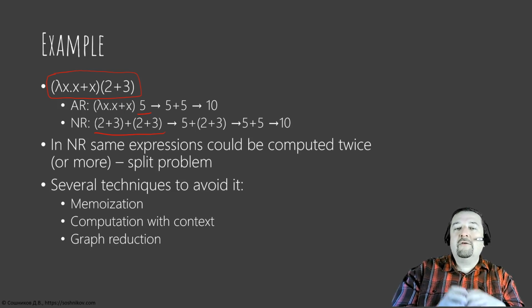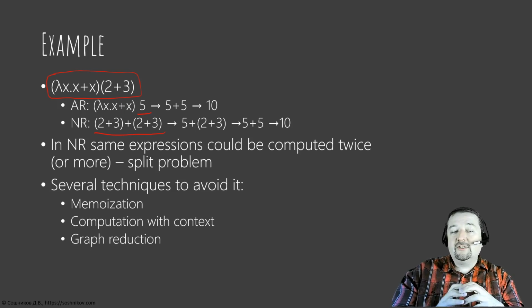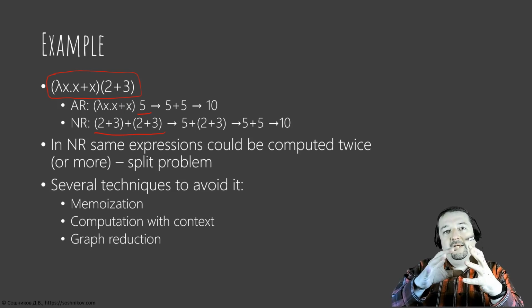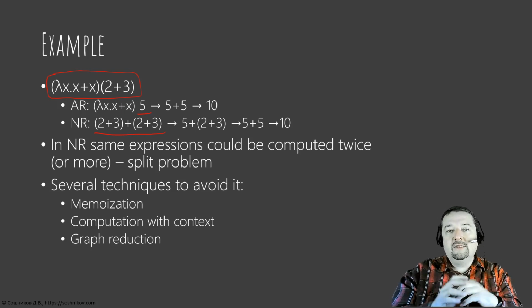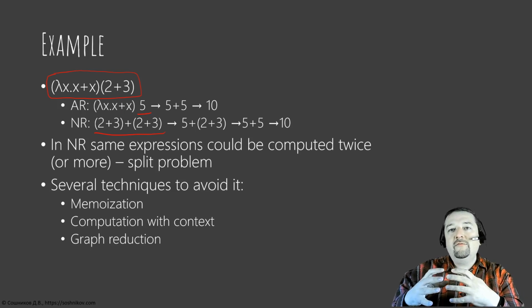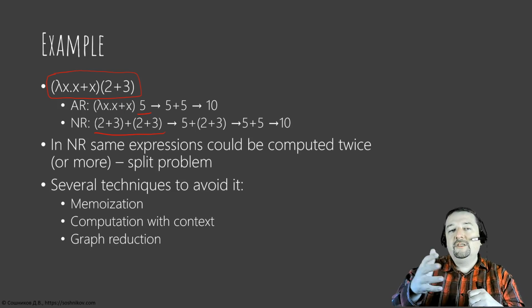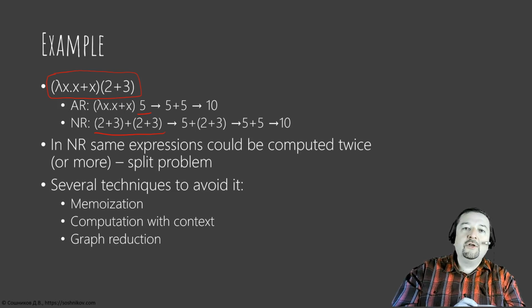Or we can use graph reductions. This is a very convenient way if we represent expressions as a tree in memory, in which case 2 plus 3 would be represented by part of the tree. And each time we use this 2 plus 3, we provide a link to this part of the tree. In this case, if we reduce the tree in memory, next time the link would already point to the simplified result. And this is the strategy originally used in Haskell for lazy computations.